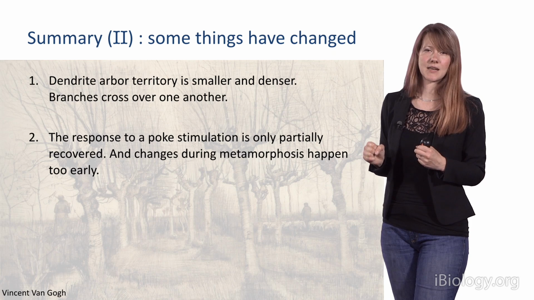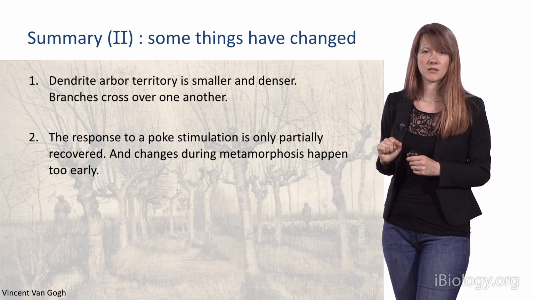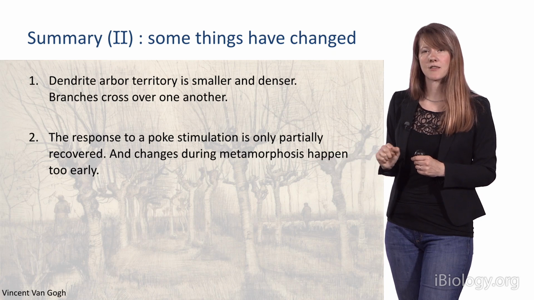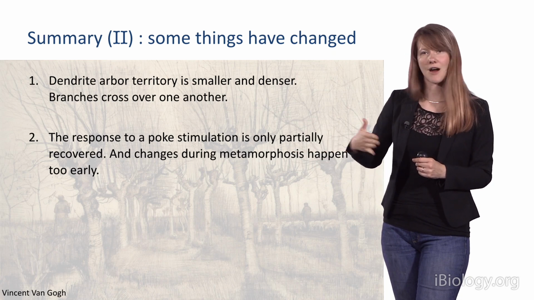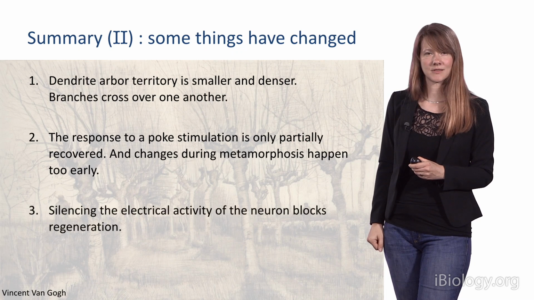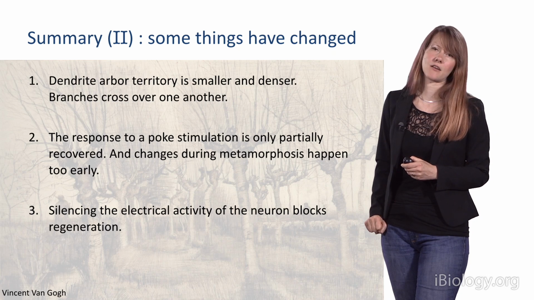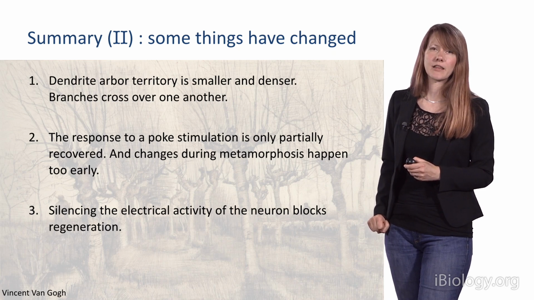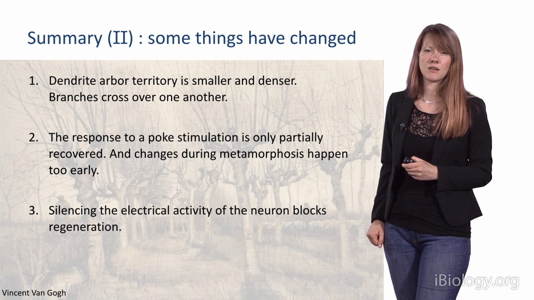It's not sensing that stimulus, the poke, as well as it normally should. And later changes that are supposed to happen at precise times in metamorphosis are out of sync. And finally, when we silence the electrical activity of that neuron, that significantly blocks its ability to recover and regrow from this injury.